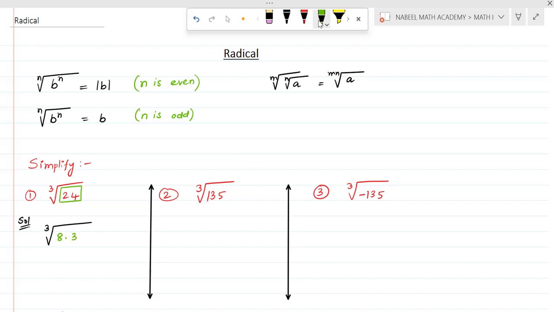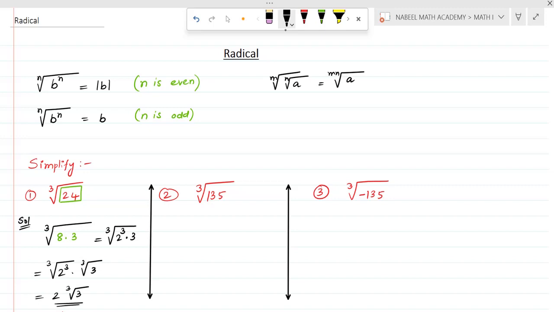If I separate it, you will get 2 power 3 into 3. If you separate the cube root, the first part is 2, and the other is the cube root of 3.